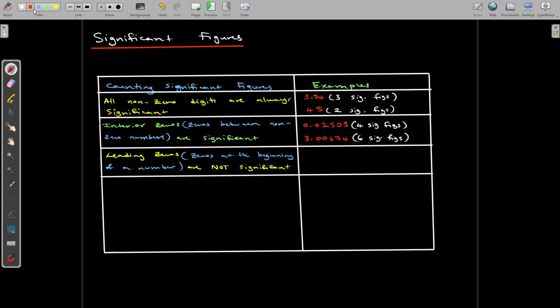So for example, we have 0.103. How many significant figures do we have here? 3. So we have 3 significant figures.